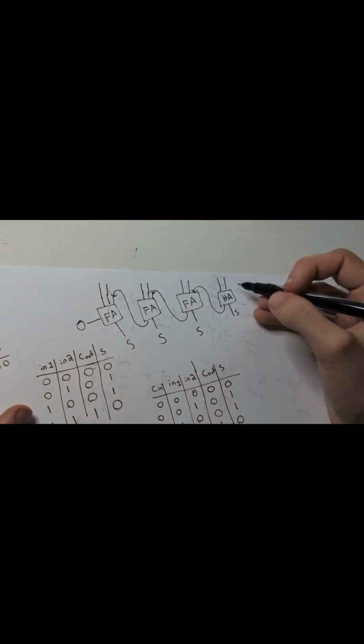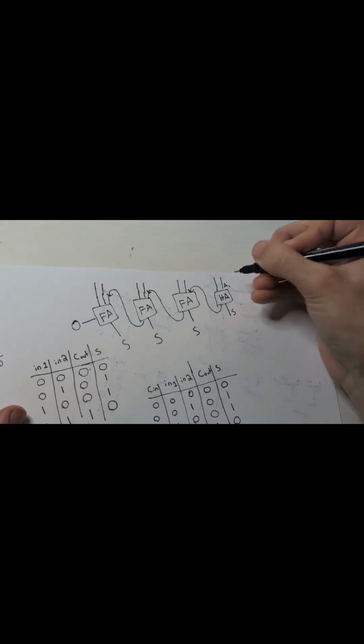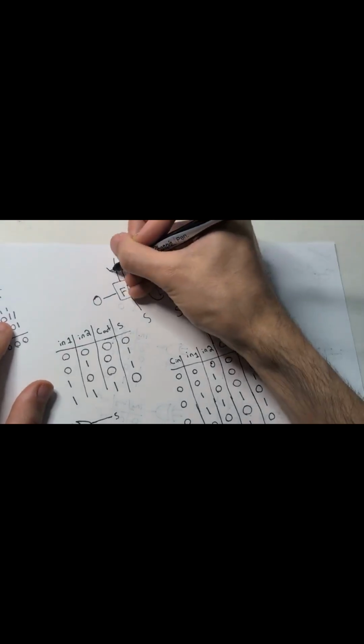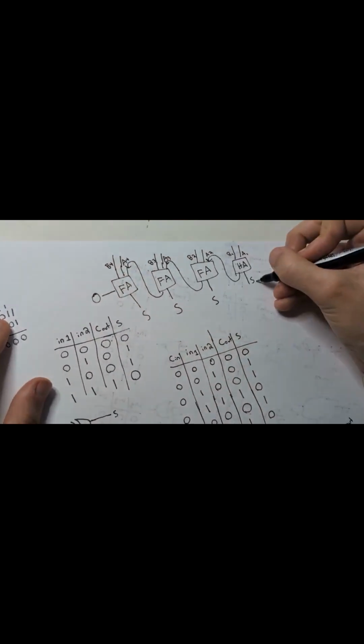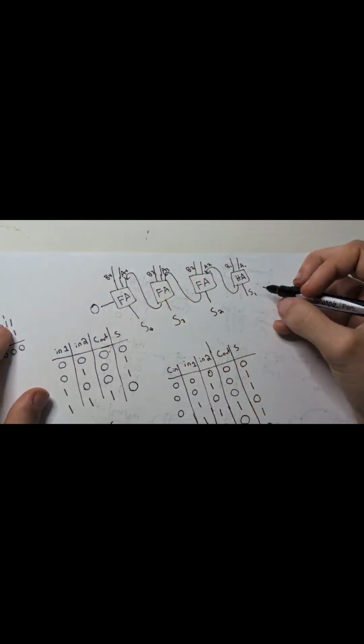And so now the result of this number, so let's say this is A1, A2, A3, A4, and this is B1, B2, B3, and B4. This is S1, S2, S3, and S4.